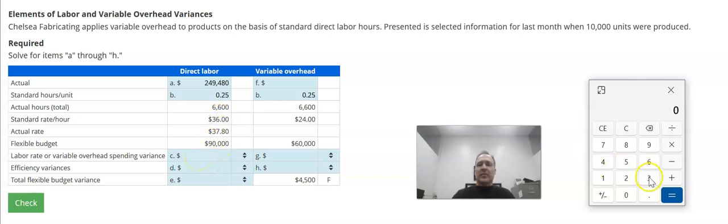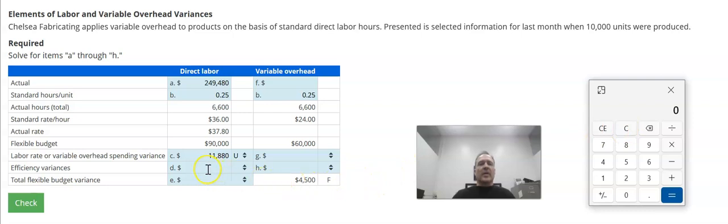We just have to take the difference between the actual rate, let me back up, put a decimal there, 37.80 minus the budgeted rate of $36, and that gives us $1.80. And then we merely multiply that by 6,600, and that gives us 11,880. And this is definitely our variance. Well, we paid more than we expected to pay, so that would undoubtedly make this an unfavorable variance.